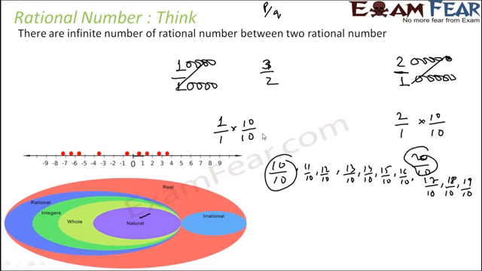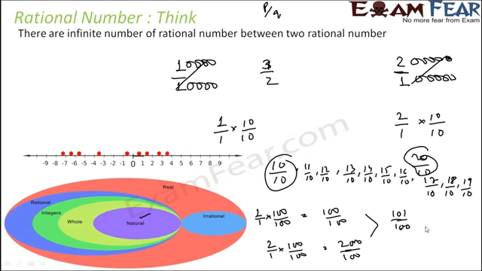Similarly, instead of multiplying by 10/10, if you multiply by 100/100, 1/1 into 100/100 you get 100/100, and 2/1 into 100/100 you get 200/100. So between 100 and 200 you can write so many numbers. So there are so many rational numbers between 1 and 2. In this case, you can say 101/100, 102/100, and the list continues till 199/100.